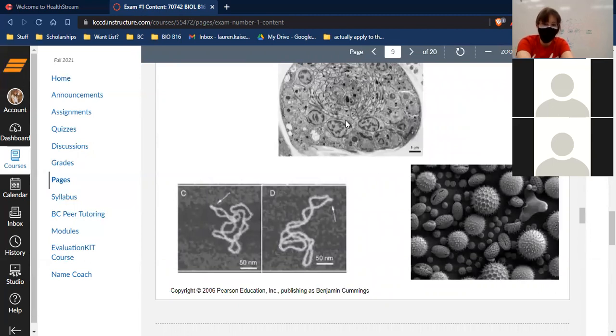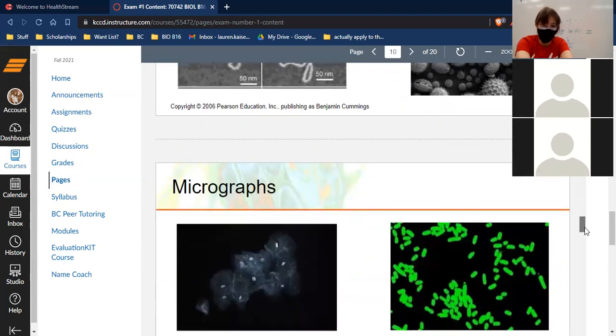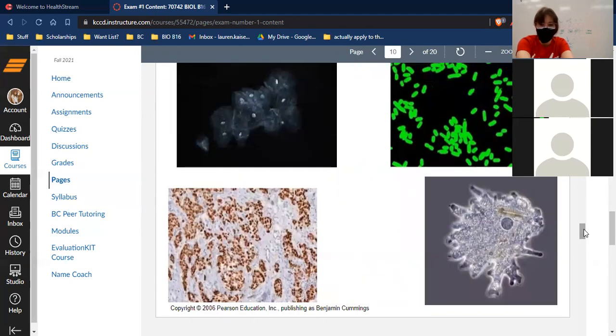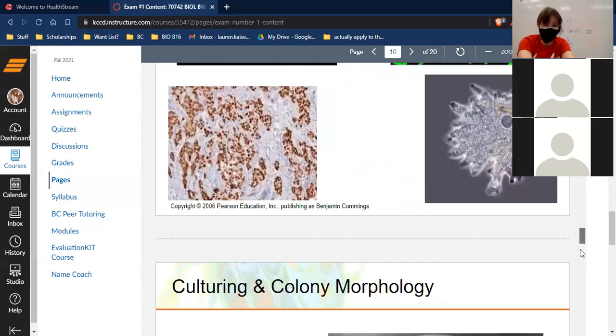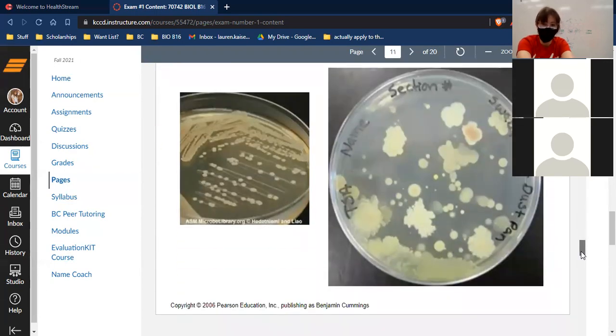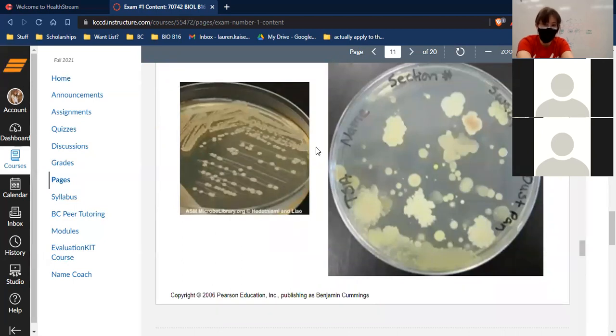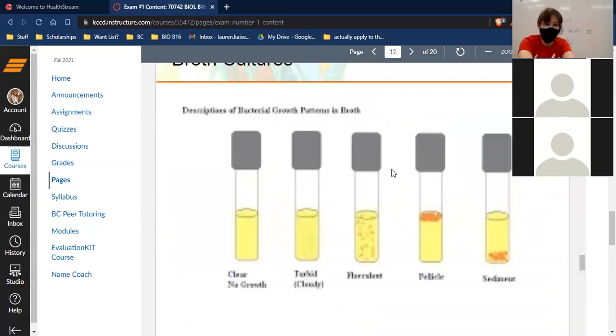So if you can say this is this, this is this, and that's where those images come from, then you're set. So take a look at these. If you can tell me what technique this is, if you can tell me what metabolic processes or the oxygen requirements needed for each of these are, you're set.